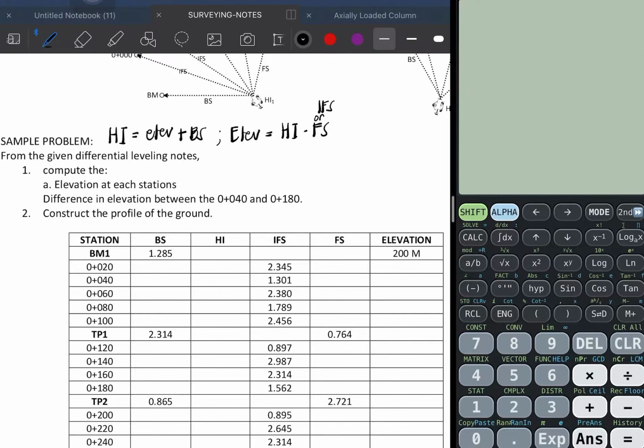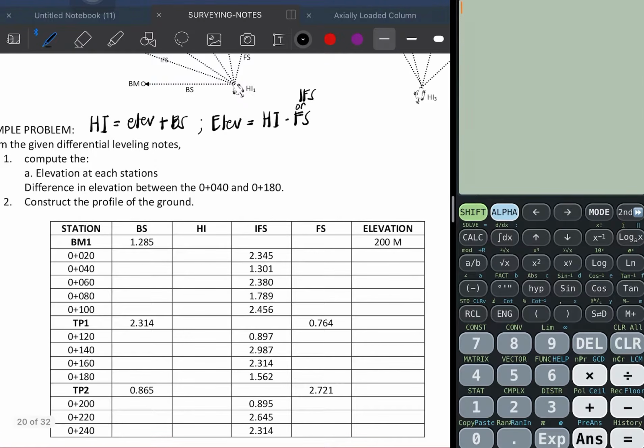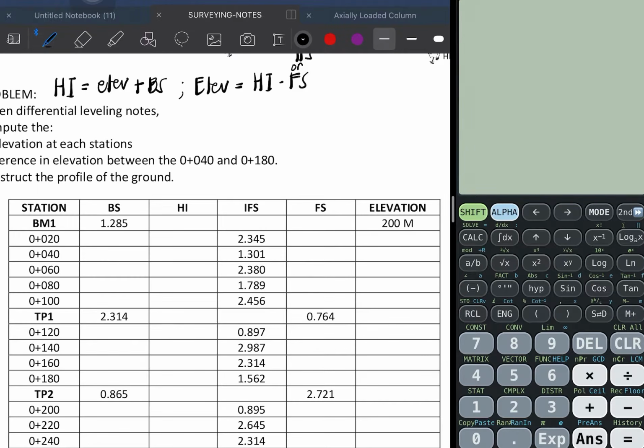So let's answer this data. First, the height of instrument: that is 200 plus 1.285, so this is 201.285.